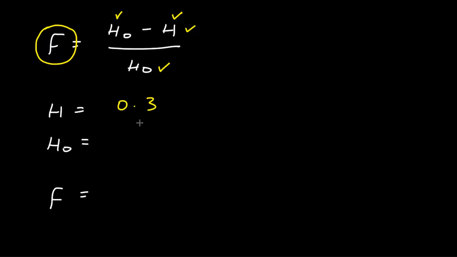Now what is H naught? H naught, remember, is what we would expect, not what we observed. This is our observed value, but what we actually expect under Hardy-Weinberg. So what proportion of our population do we expect to be heterozygous?